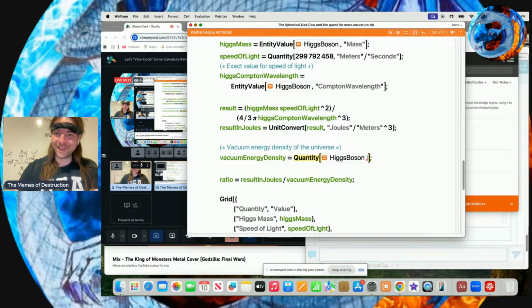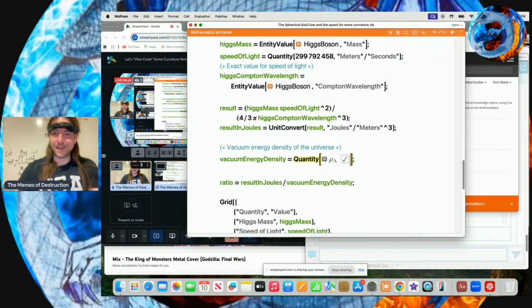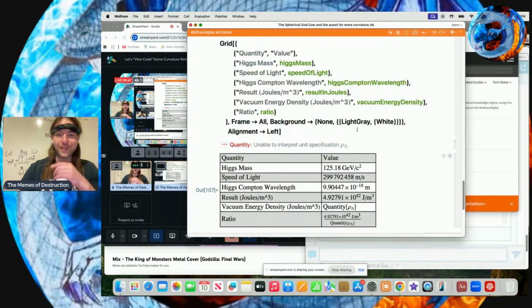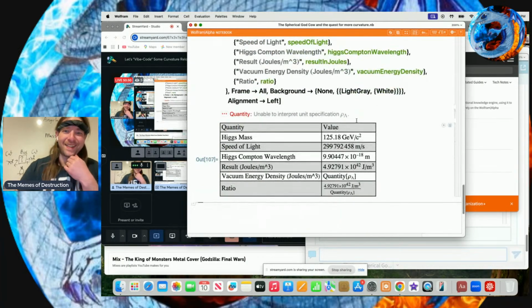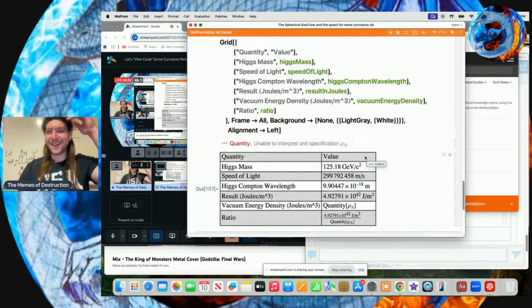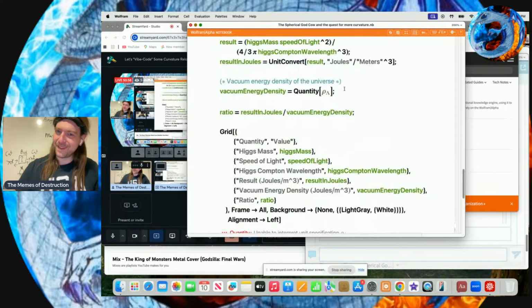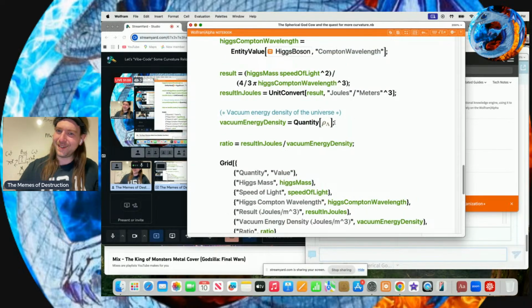Let's do this. Universe vacuum energy density. Okay. There we go. Boom. That's what we wanted. Compute. All right. Lambda. Universe vacuum. Okay. So at least we know what we have there.